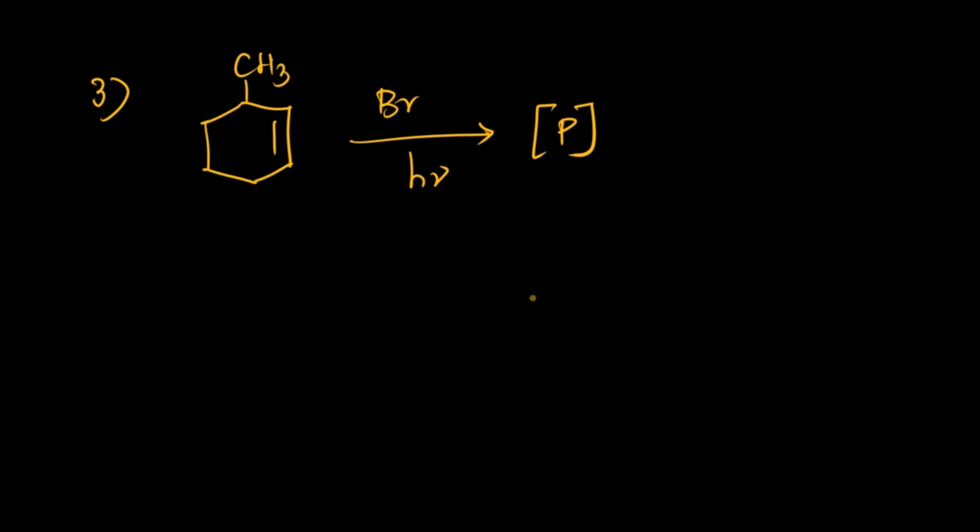Take your time and tell me the product. You can pause the video and write down the name of the product in the comment. I can give you the hint which includes free radical mechanism. So the most stable free radical would be our major product. Cool?